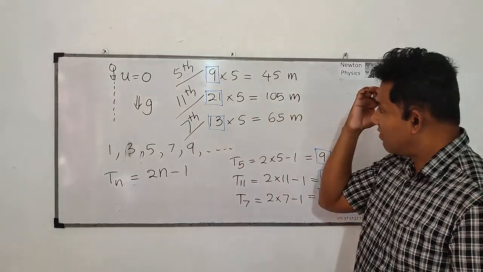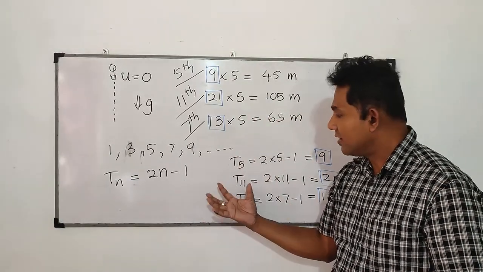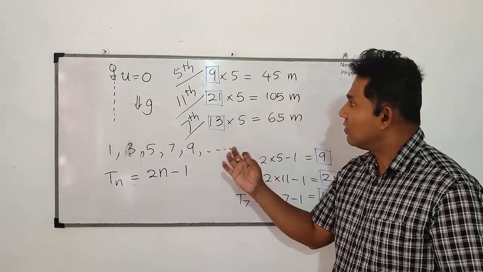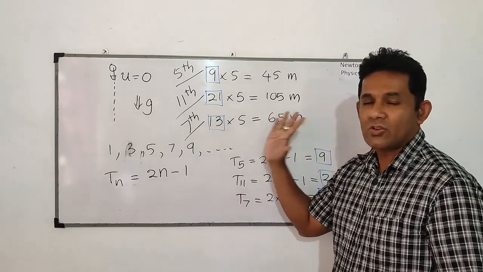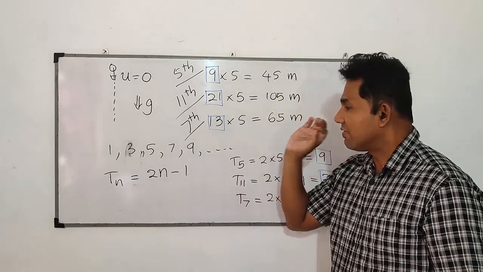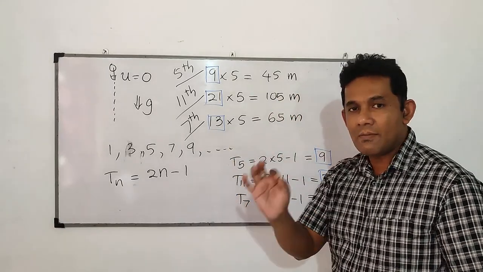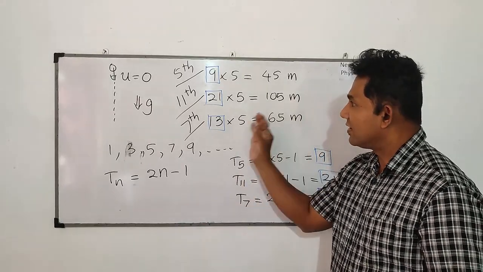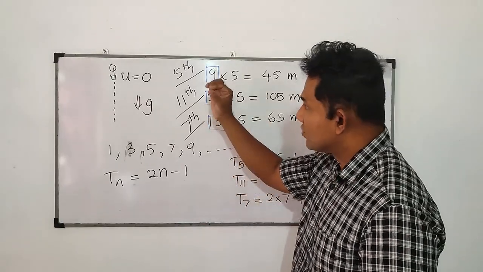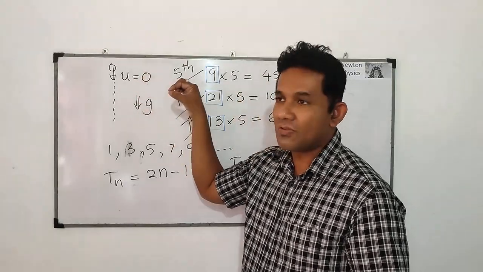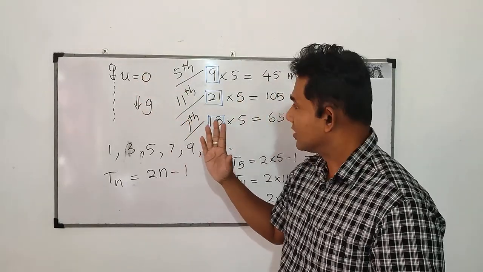This is a very simple method, right? Clearly you will have all the answers accurately. That means for a given second, you will definitely find the travel distance when the object has been dropped to fall freely under gravity, right?